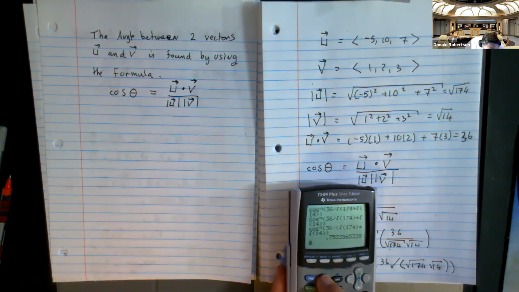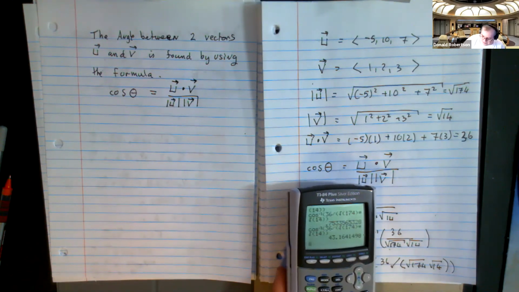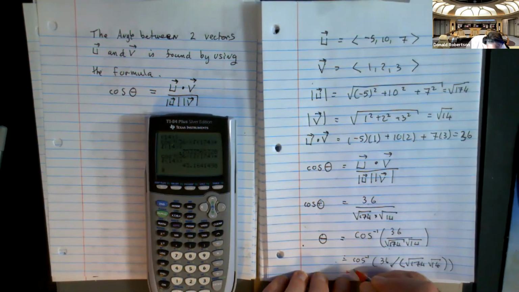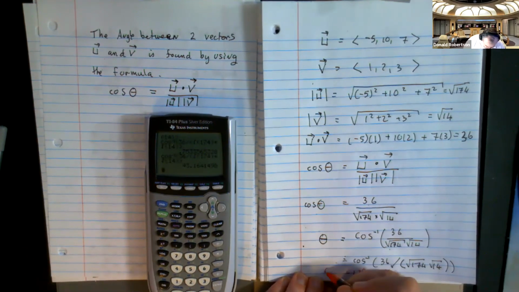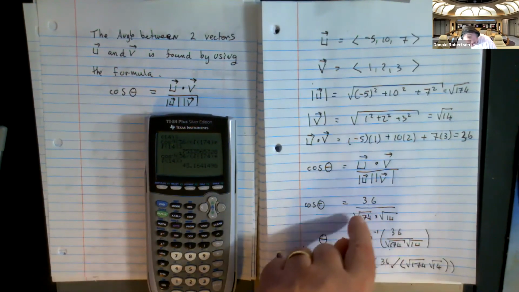So if I now go to mode and I set it up in degrees, I should be able to do it one more time. And the right answer is what? About 43 degrees. So when you are doing this darn question, make sure it's inverse cosine.